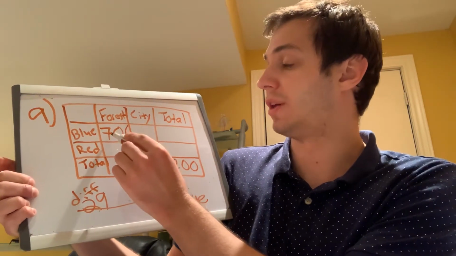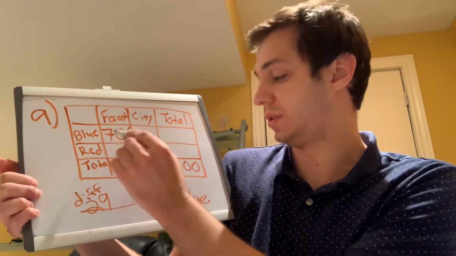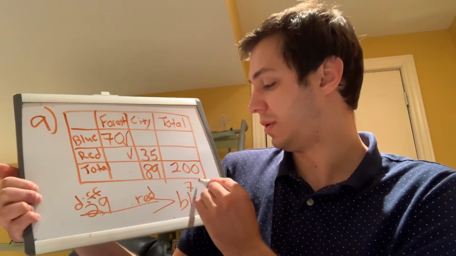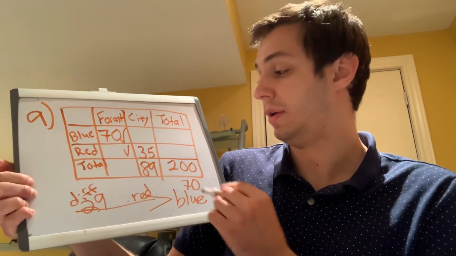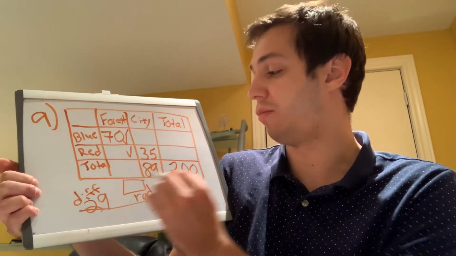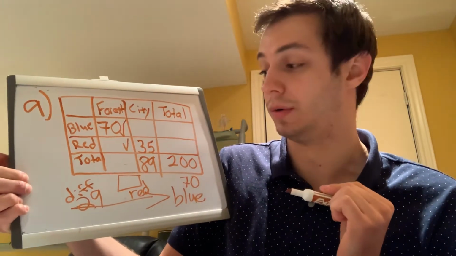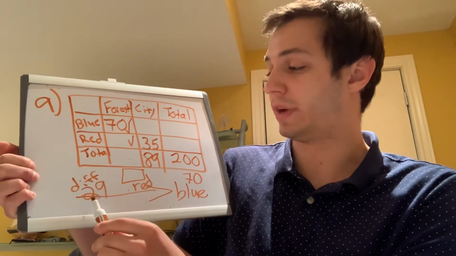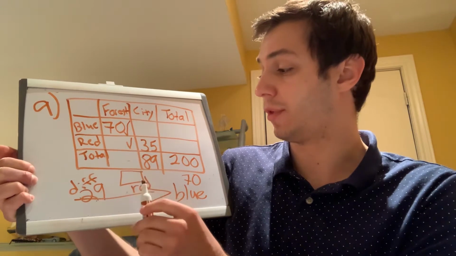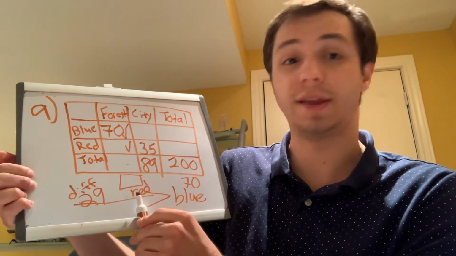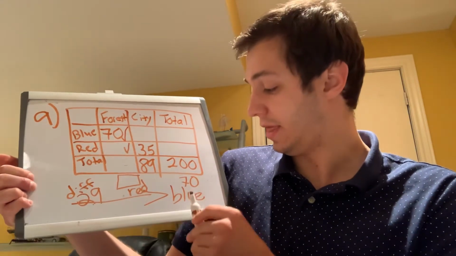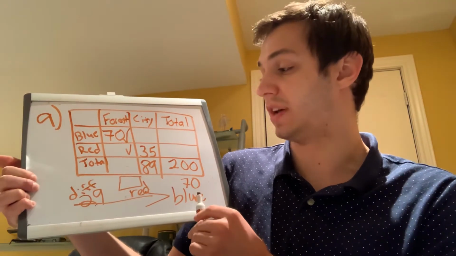We have that there were 70 bluebirds, so that will be the number for that. What we have to solve is how many redbirds there were. I have my first small number for the redbirds, that's what we're trying to find. That's also my small number. And then we have our big number, which is 70.